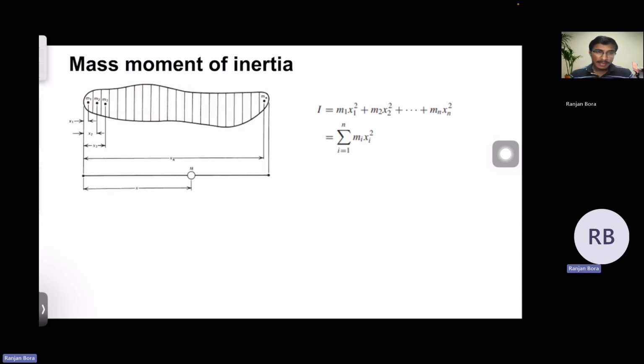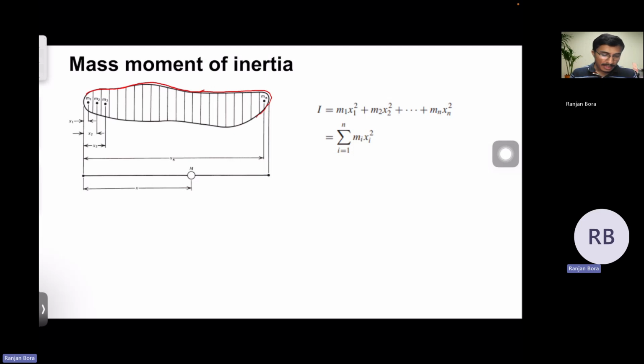So next we will see what this moment of inertia I, the mass moment of inertia, is. You can see this is a long object, meaning the length of the object is dominating compared to the other dimensions.